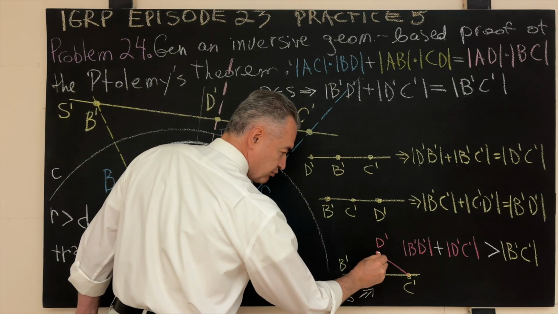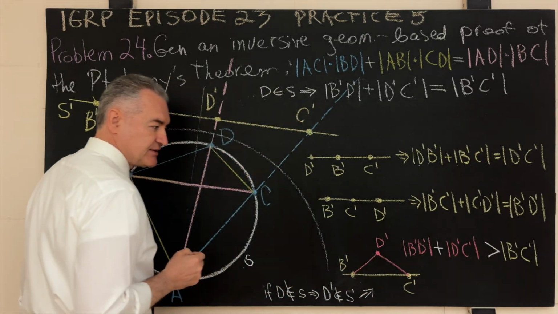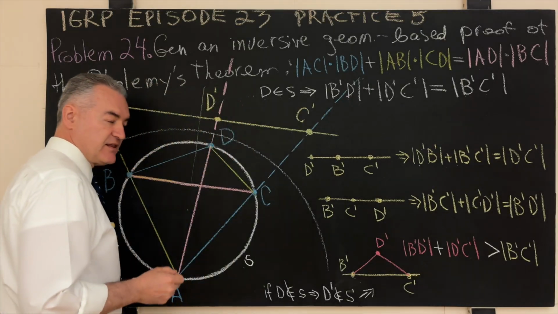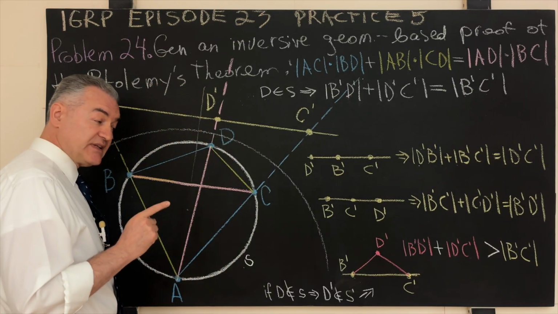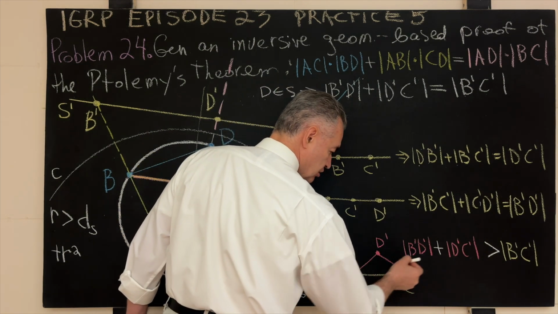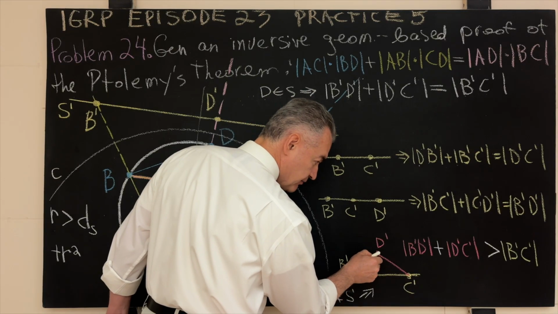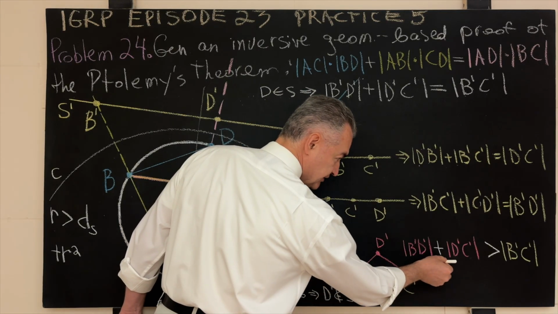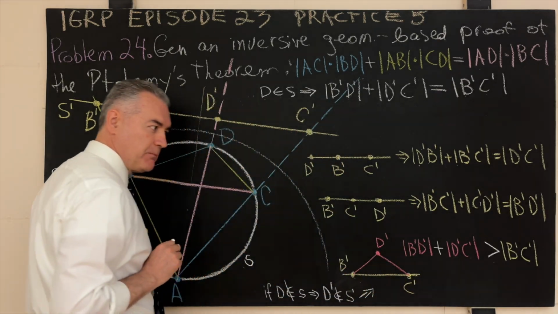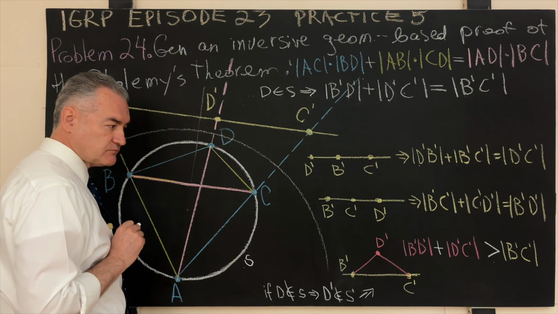If the point D prime does not belong to the straight line S prime, then the distance from the point, let's say, B prime to the point C prime that takes a detour through the point D prime will necessarily be larger. The distance B prime D prime plus D prime C prime will necessarily be larger than the distance provided by the minimizing geodesic. This is important to understand.